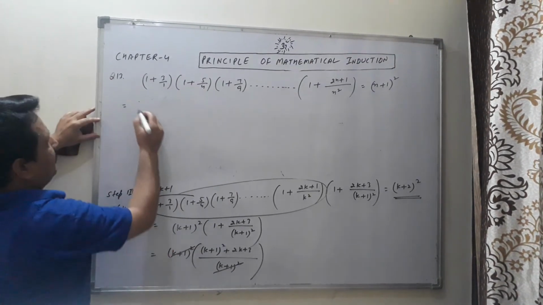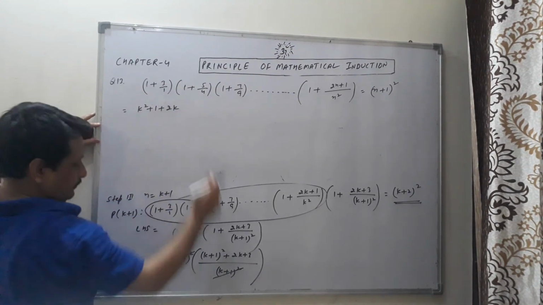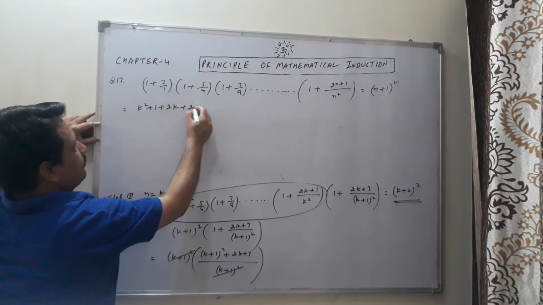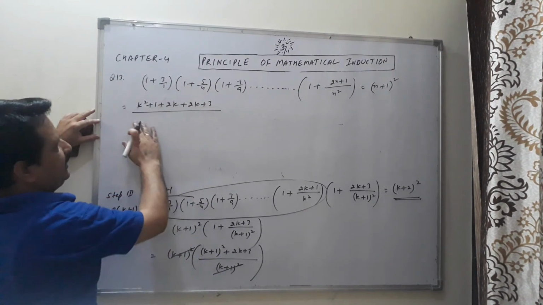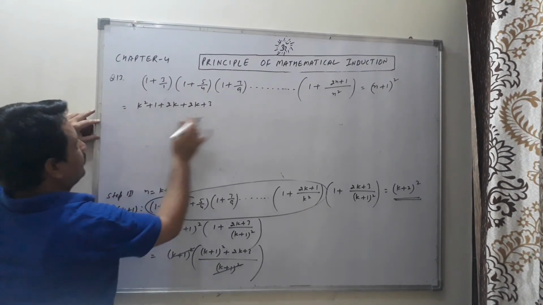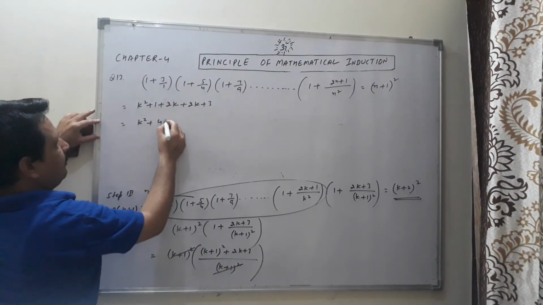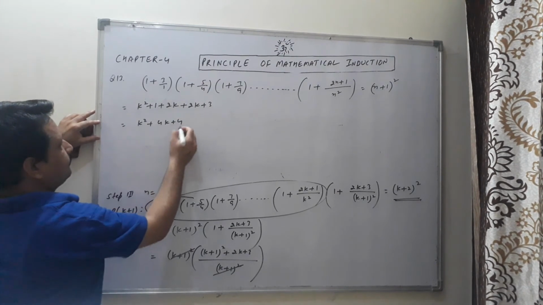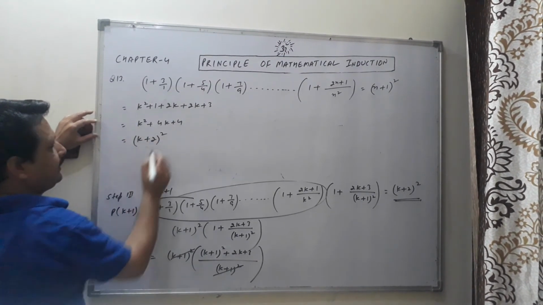From here it will come as k square plus 1 plus 2k plus 2k plus 3. There is nothing in the denominator now, so it will come as k square plus 4k plus 4, or, student, this is k plus 2 whole square.